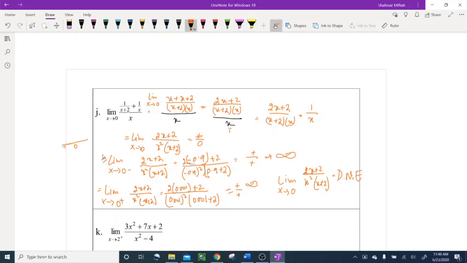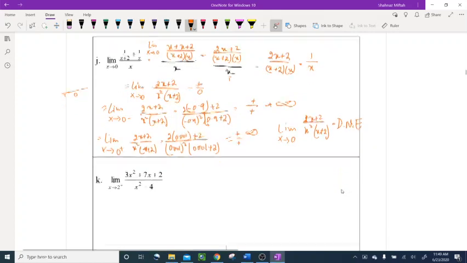If they would ask me only limit x approaches 0 from the left, then I would say, okay, the limit as x approaches 0 from the left of this function equals positive infinity. But when I have both sides, I just have to say does not exist.